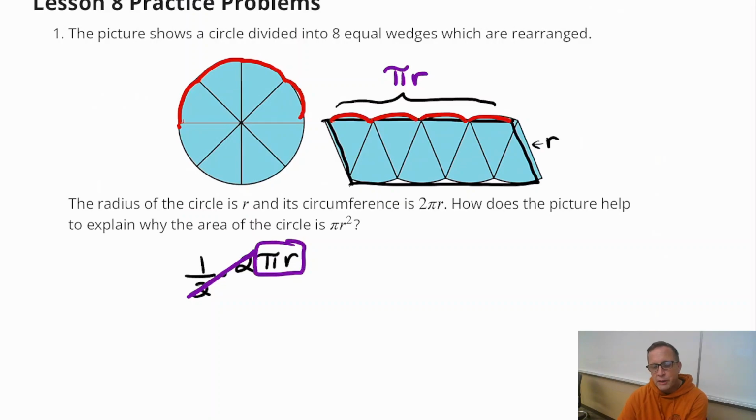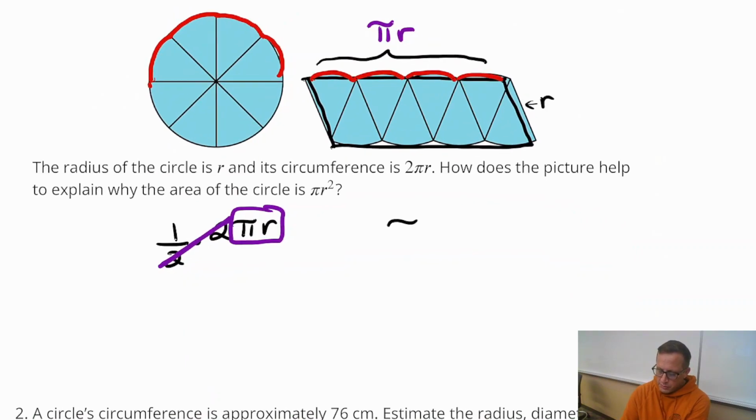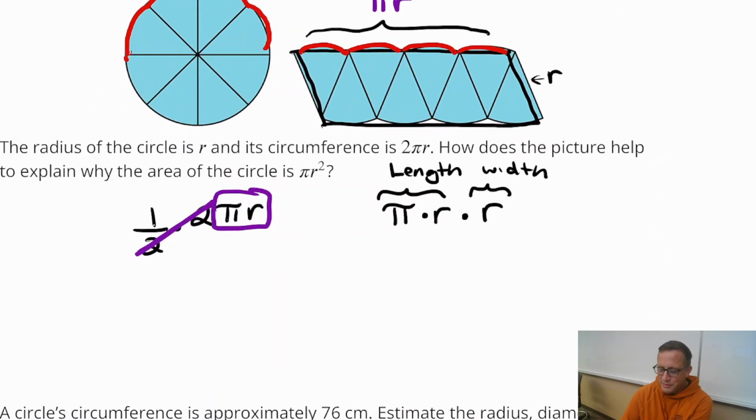Okay? And when you find the area of a rectangle, you do base times height, or length times width, whatever way you want to think of it. So let's say the length is pi times r, and then times the width, which is another r. Hopefully this makes sense to you. I know it's somewhat abstract.